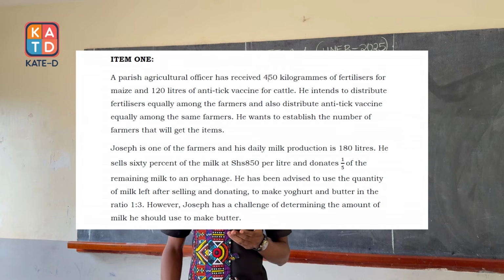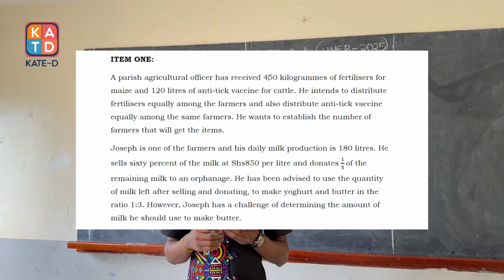He has been advised to use the quantity of milk left after selling and donating to make yogurt and butter in a ratio 1:3.